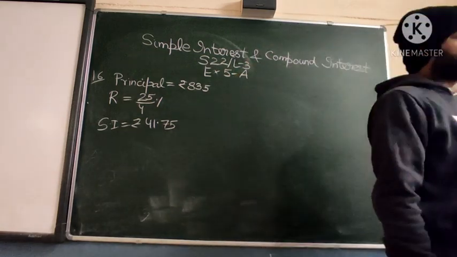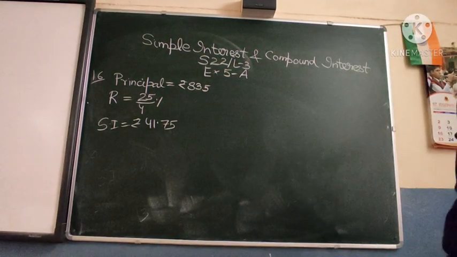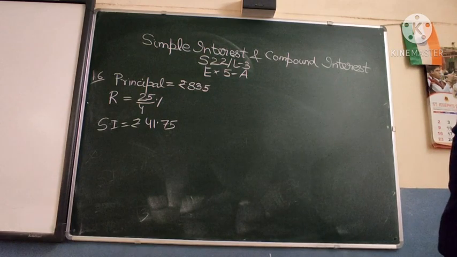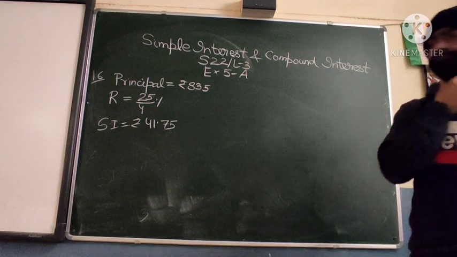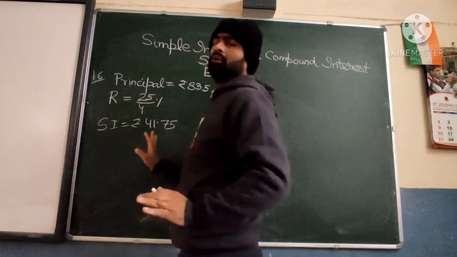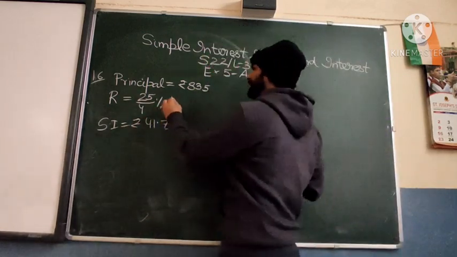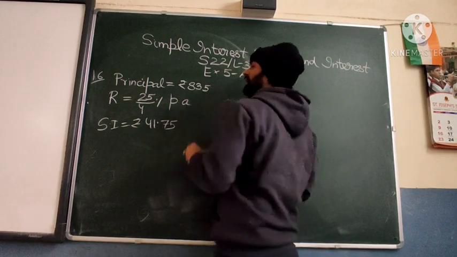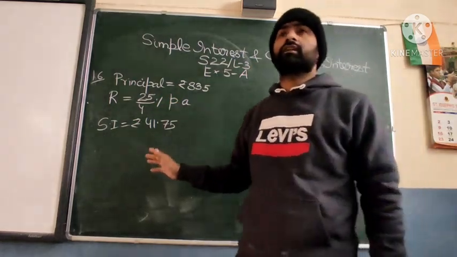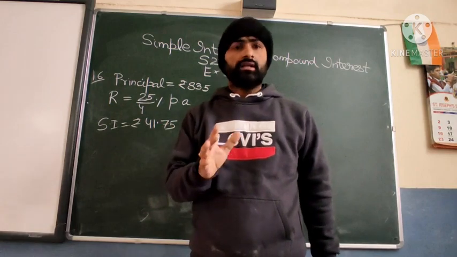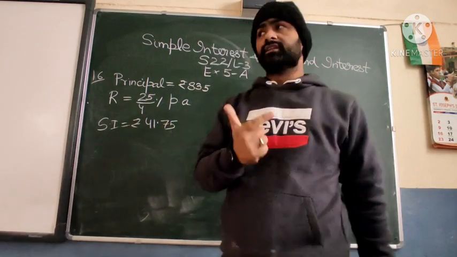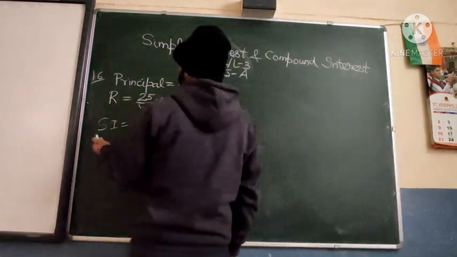Can you calculate the time from here? Yes. And see, the date of lending was 5th January 2009. Let us calculate the time from here, with the rate of interest 25 by 4% per annum. The answer for time that you will get will be in years. You have to convert that time into days and then accordingly adjust.